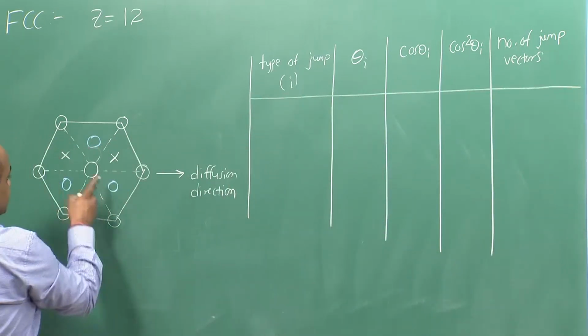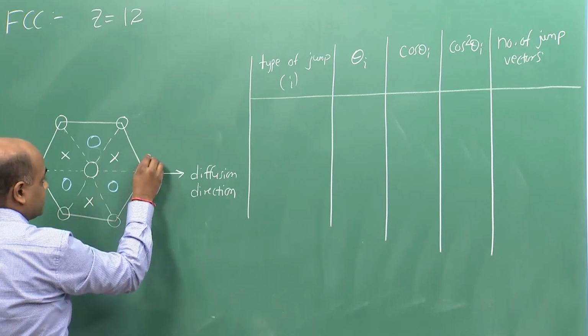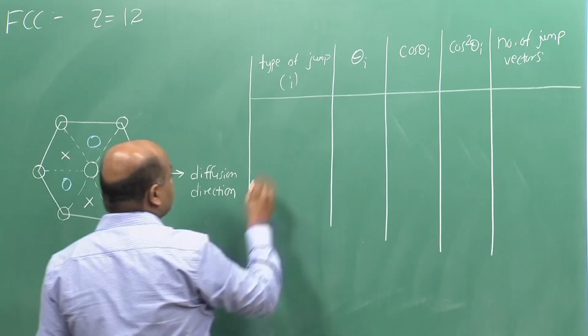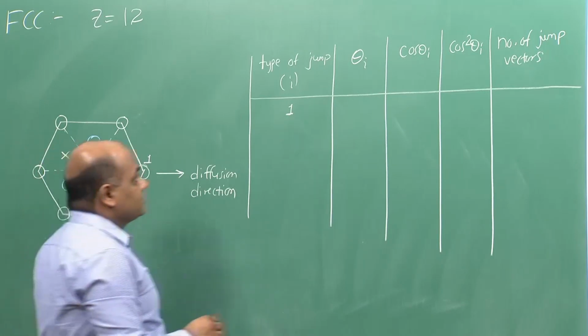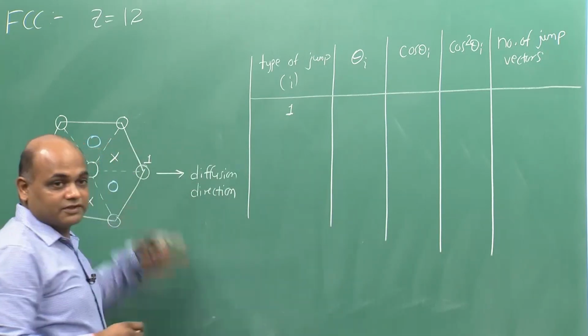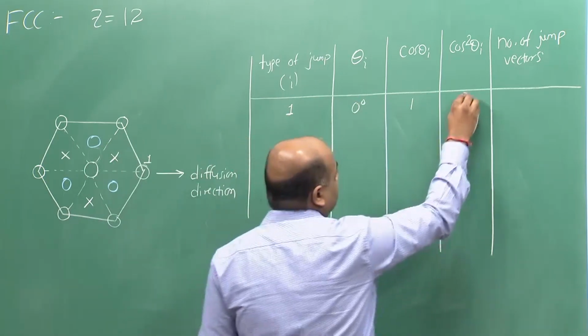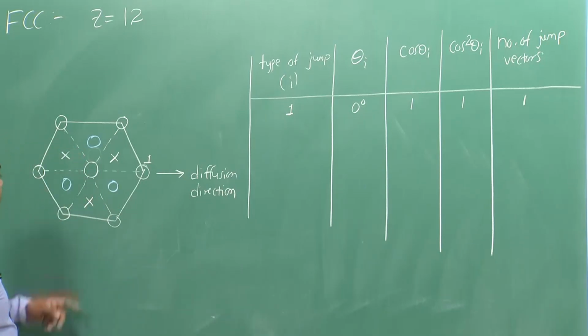So, the first one is in the same direction as the diffusion direction, let us call this 1. So, there is only one atom which is straight in the diffusion direction, and it makes an angle of 0 degree, right. So, the cos theta is 1, cos square theta is 1, there is only one such jump vector.